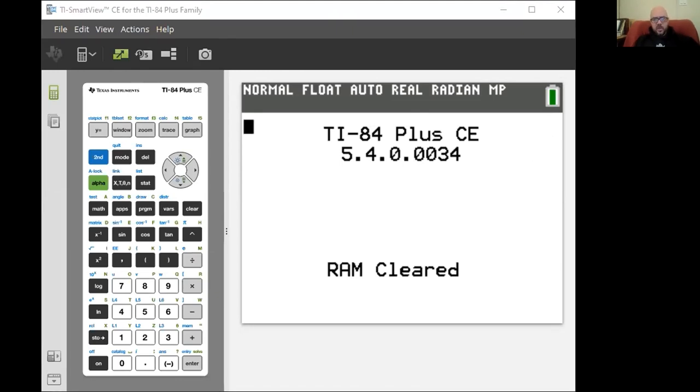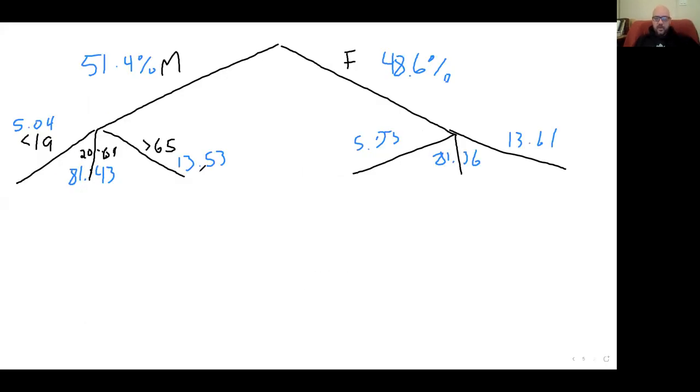I'm going to put 5.04, 81.43, and 13.53 into L1, and 5.03, 81.36%, 13.61% into L2. Basically, I just want to show you a way to batch process a bunch of numbers to save you a very, very marginal amount of time, but really to show you something cool that your calculator can do.